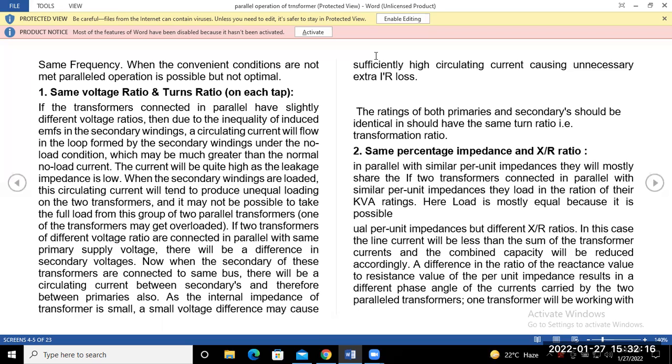So you avoid this and choose the same ratio of leakage reactance to resistance for the two transformers. A difference in the reactance to resistance values of the per unit impedance results in a different phase angle of the current carried by the two parallel transformers. So you can avoid this by selecting the same X by R ratio, that means leakage reactance to resistance ratio, for the two transformers you want to connect in parallel. Okay.